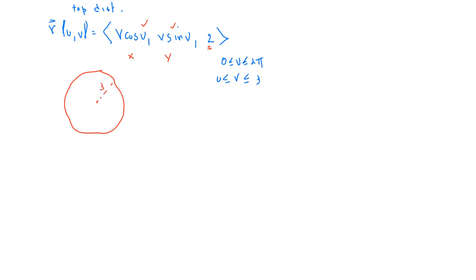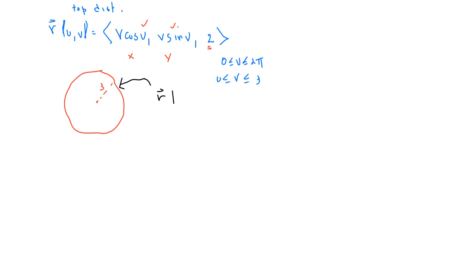This circle has radius 3. So this outer circle is a space curve, right?